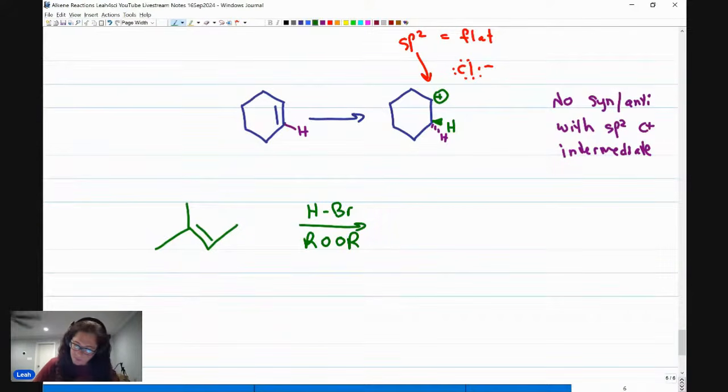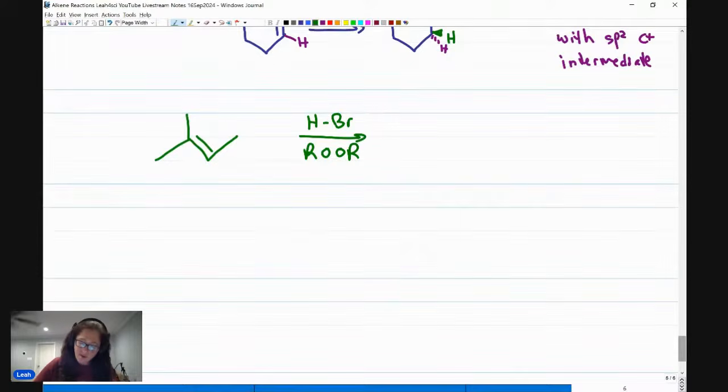Let me show you. The intermediate, and I do have a mechanism video on this channel, the intermediate for adding with peroxides is that the radical forms and the radical stability is going to be very similar to carbocation stability. So I want my radical here, but it's not the hydrogen that adds first, it's the halogen that adds first.